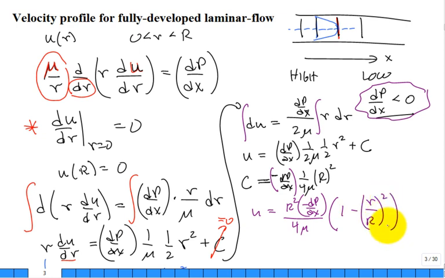Now that's your quadratic profile. So what's the maximum? Well, it's at r equal to 0. So u max is equal to cap R squared, negative dp/dx divided by 4 mu. That's u max.